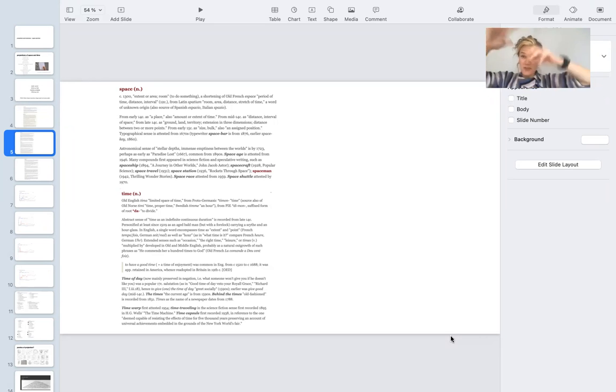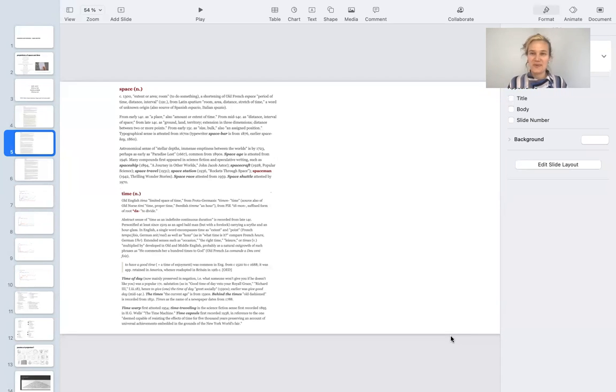So time and space are interrelated in that way from centuries ago. And then with time, you have from Old English, Old Norse, and in an abstract sense of time as an indefinite continuous duration. So that's time passing. From late 14th century. You can look at these in your own time.